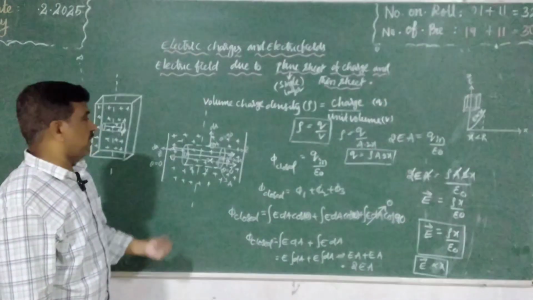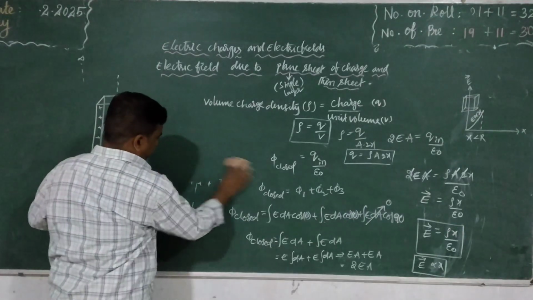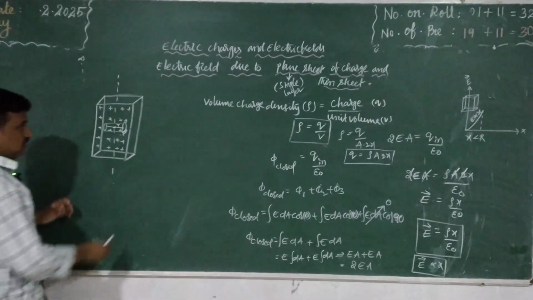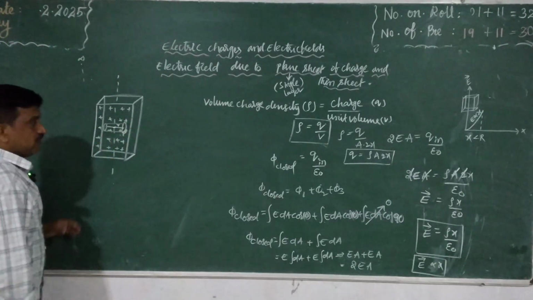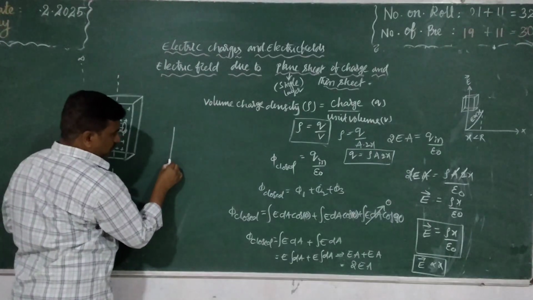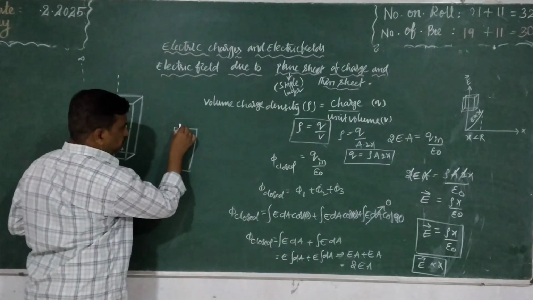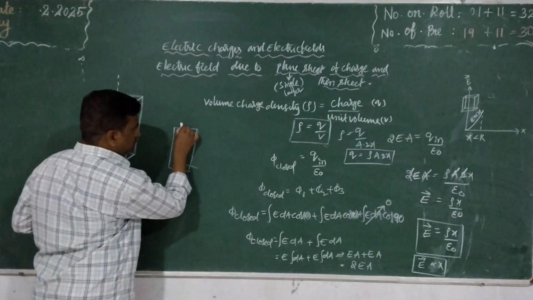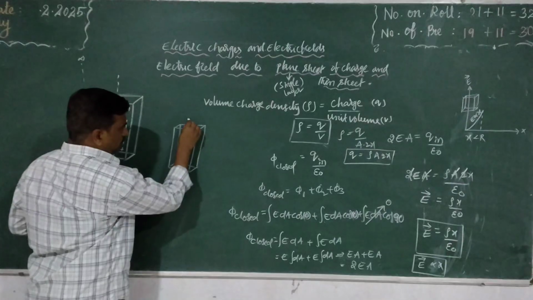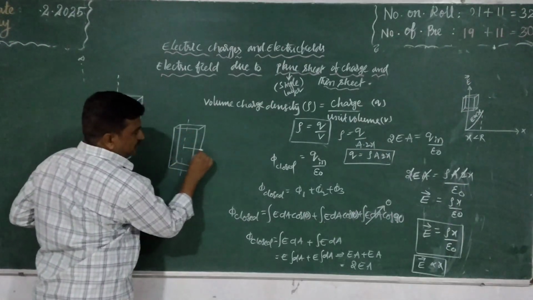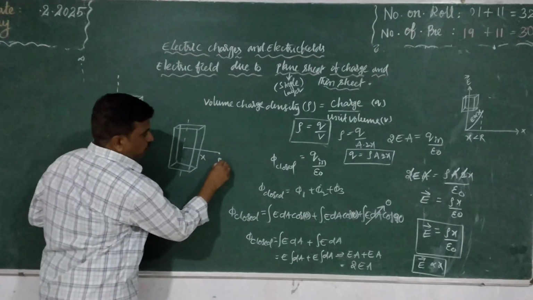Now we can take a point outside the surface. This is the thin sheet, and this is the axis. At x distance from the axis, outside the surface at point P, what is the electric field?